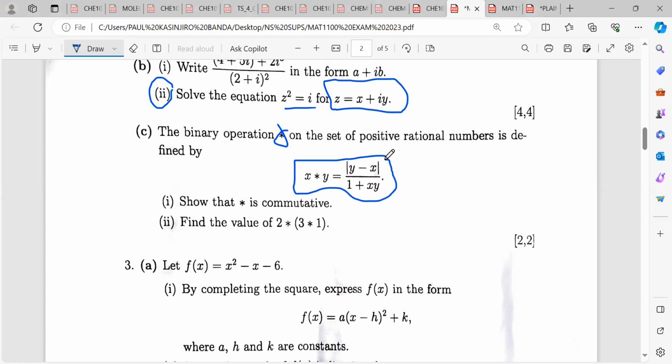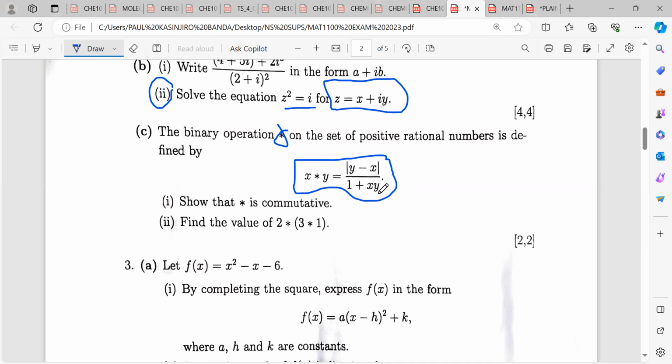They are saying x star y is equal to the modulus of y minus x, over 1 plus xy. And the question here is, show that the star is commutative.